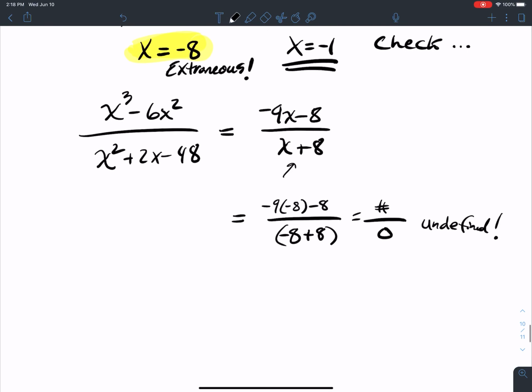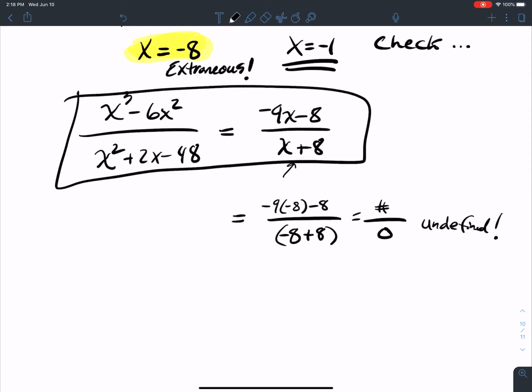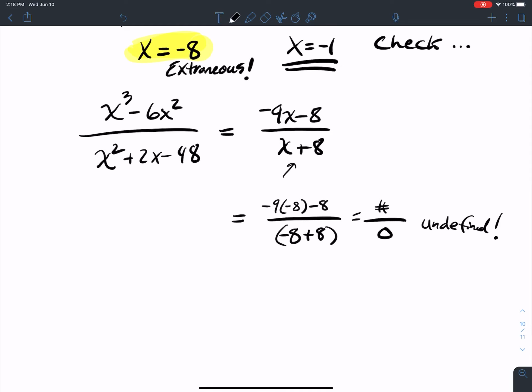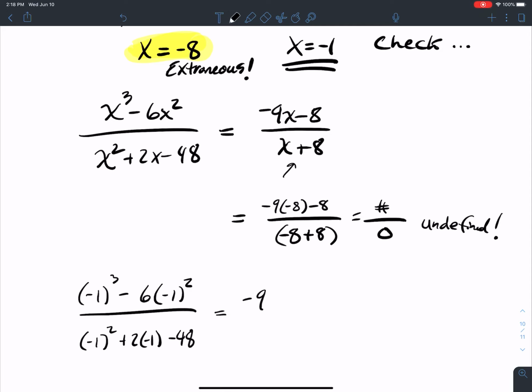If I plug negative 1 into the equation, what do I get? Negative 1 cubed minus 6 times negative 1 squared, over negative 1 squared plus 2 times negative 1 minus 48, equals negative 9 times negative 1 minus 8 over negative 1 plus 8.